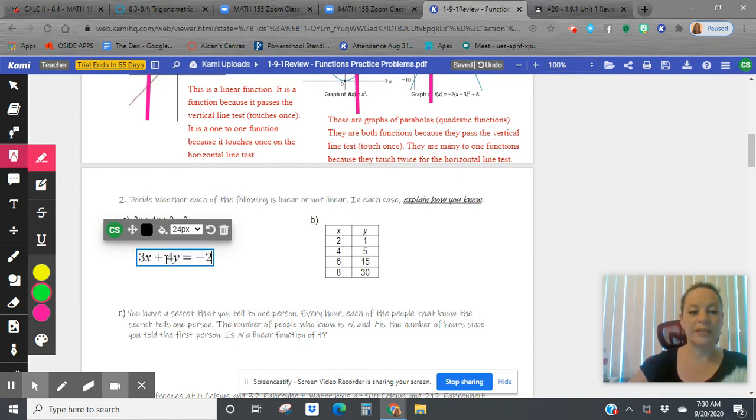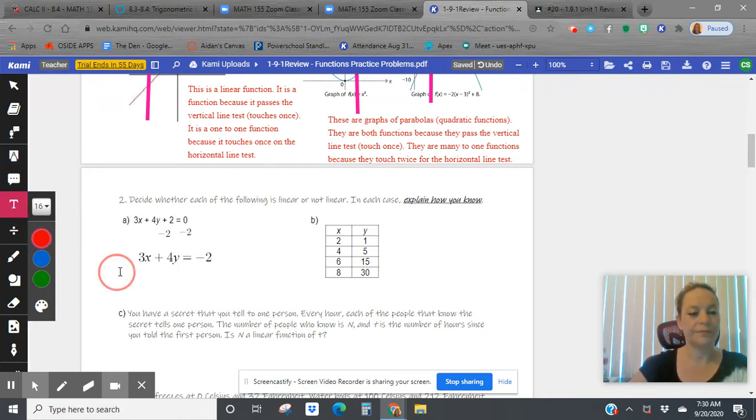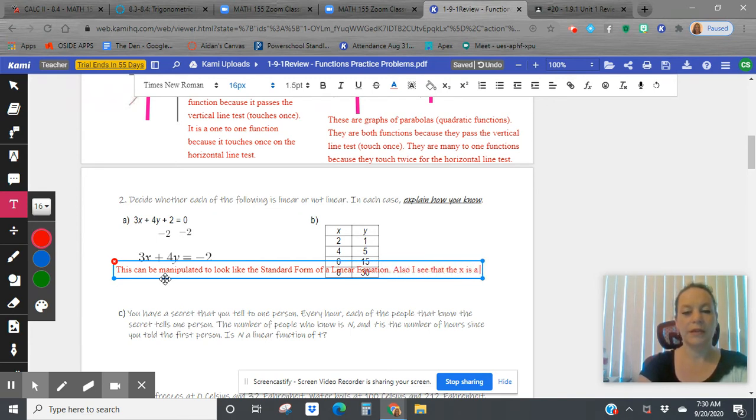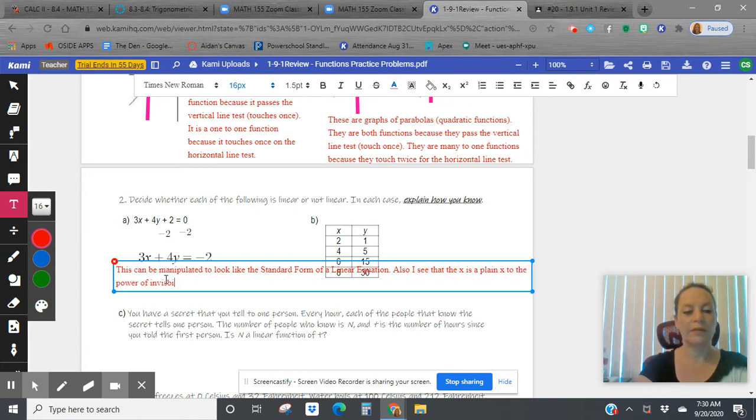Now I recognize this as the standard form of an equation. This can be manipulated to look like the standard form of a linear equation. Also, I see that the x is a plain x to the power of invisible 1.